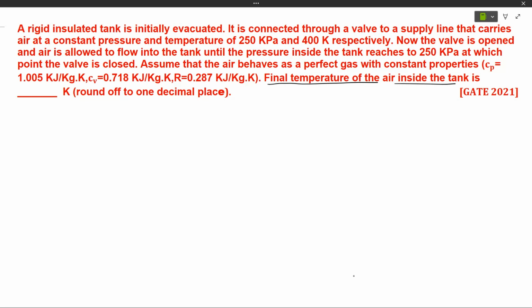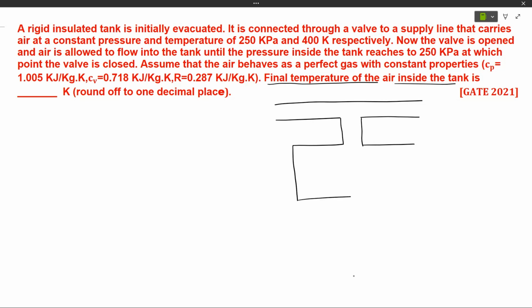For that, let's draw a supply line along with a rigid insulated tank. The tank is insulated from all the sides.